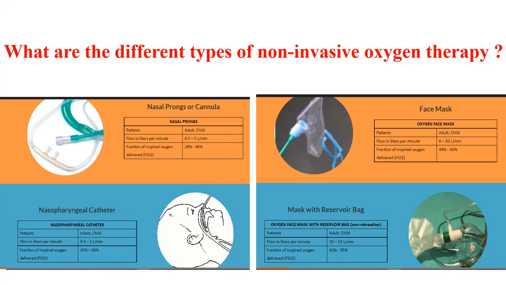We have been looking at those types of oxygen delivery materials: nasal cannula, nasal prongs, Venturi, high flow oxygen. Can you put the next slide where there is a drawing of the high flow nasal cannula? I know some health settings don't have it, but maybe soon they'll have some.